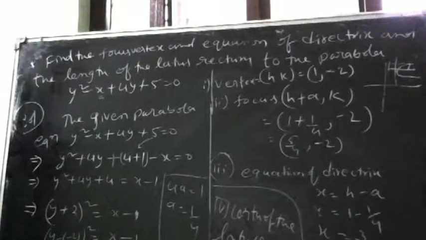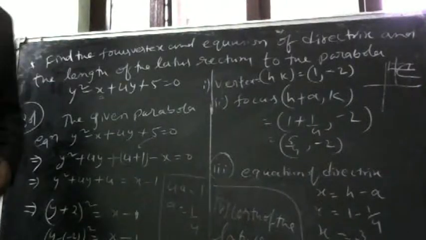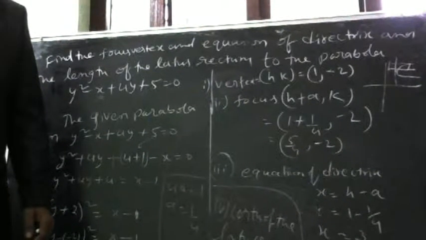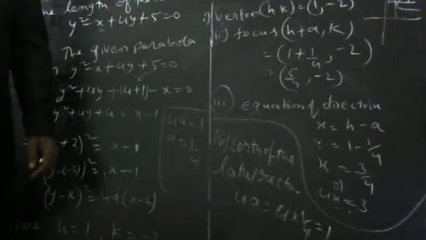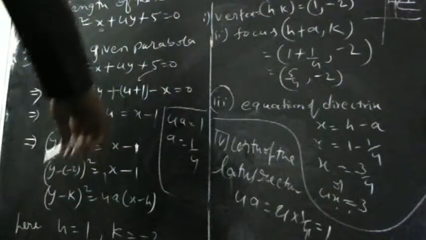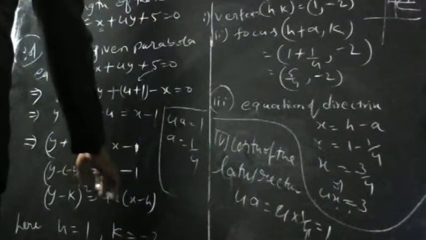For a parabola parallel to the x-axis, the standard form is y minus k whole square equals 4a times x minus h.